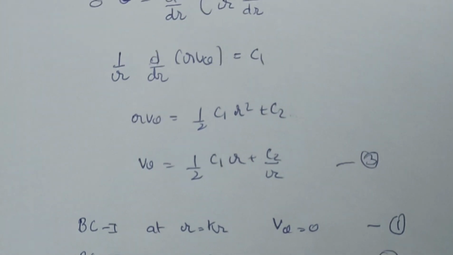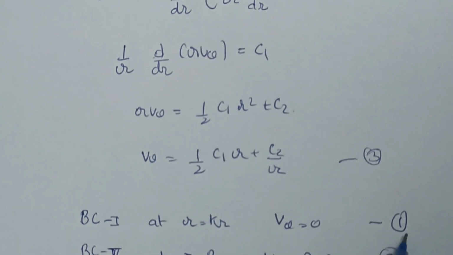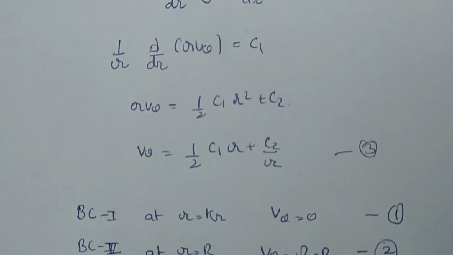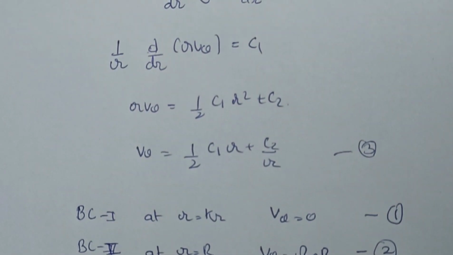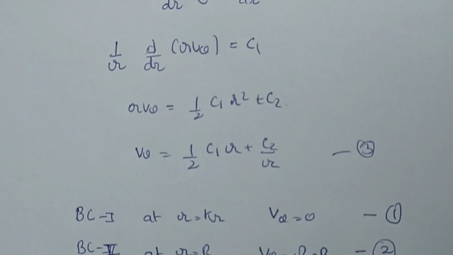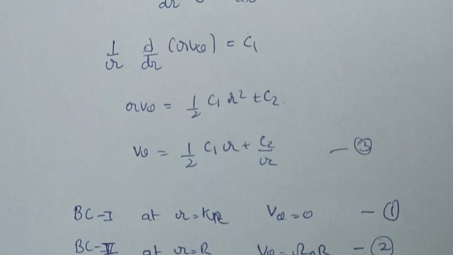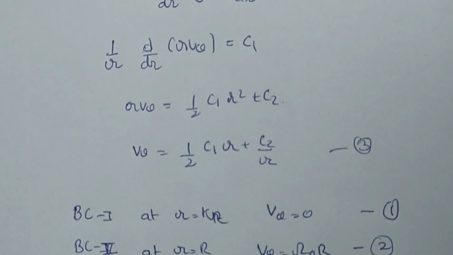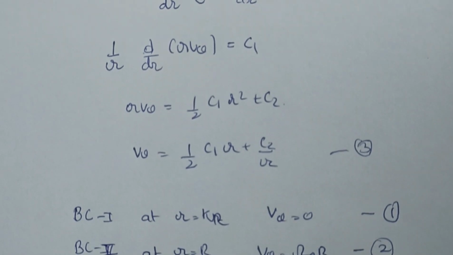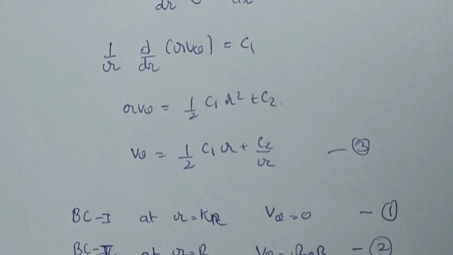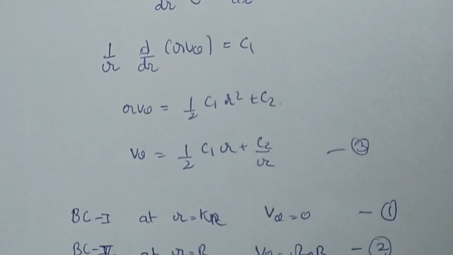Now let's put equation number 1 in equation number 3. We will get 0 is equal to half c1 kappa r plus c2 by kappa r, and let's name it the fourth equation. Now we will put equation number 2 in equation number 3.